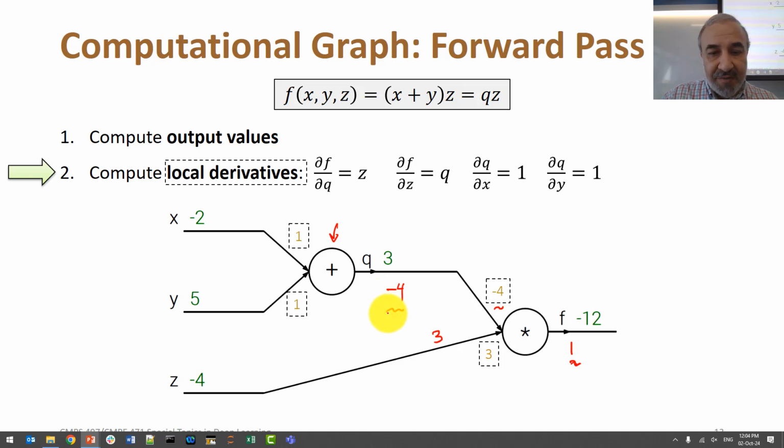We got this value, we multiplied by the local derivative. So the derivative of f with respect to x is minus 4 times 1, which is minus 4. Same with y. The derivative of f with respect to y is the derivative of f with respect to q times the derivative of q with respect to y, which is minus 4 times 1, which is also minus 4. Are we done? Yes, because now we have the derivatives for all variables.